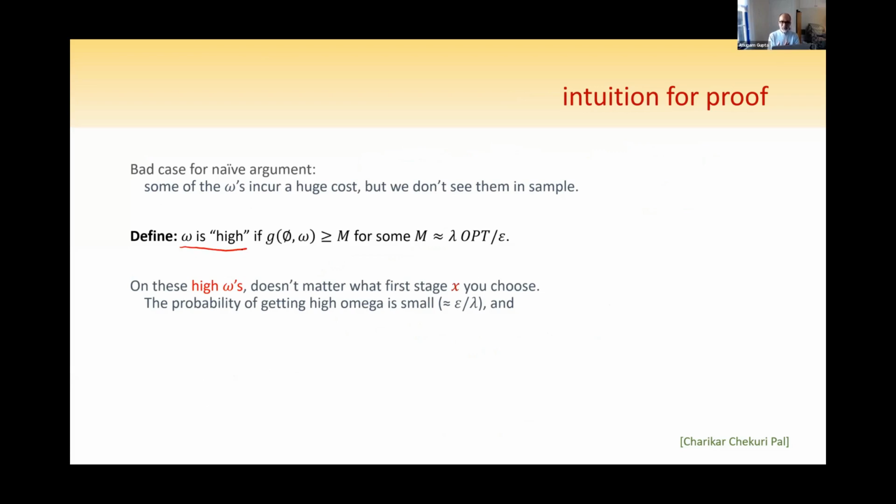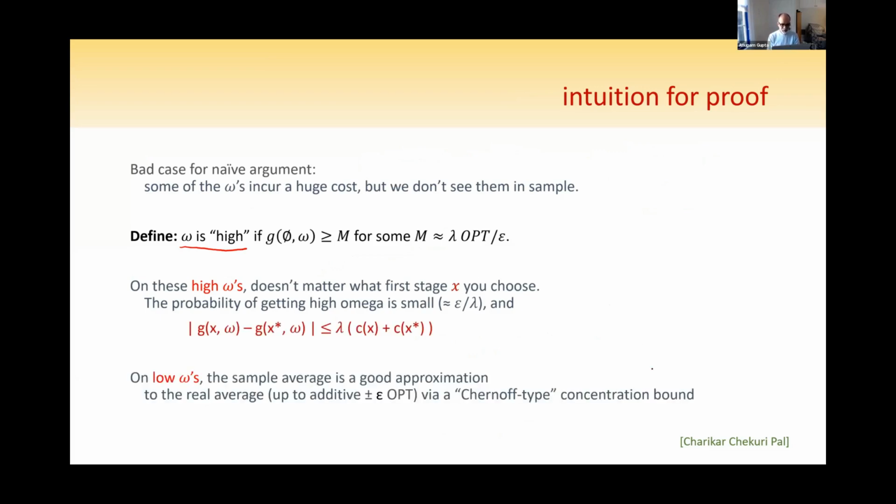On nice scenarios, you have concentration, and there are very few dangerous scenarios. And I'll refer you to the paper for the actual proof. It's not a difficult proof. It's just, given this outline, chances are you can start working towards this proof yourself. And it's a very natural idea.